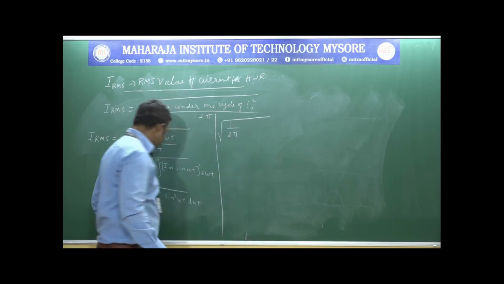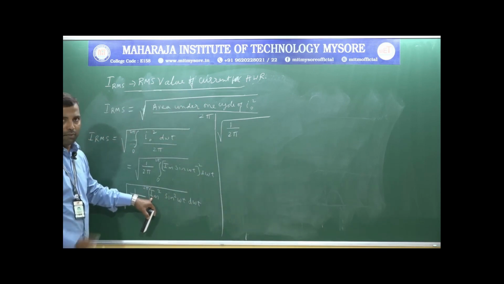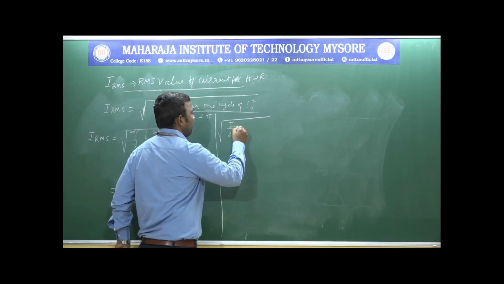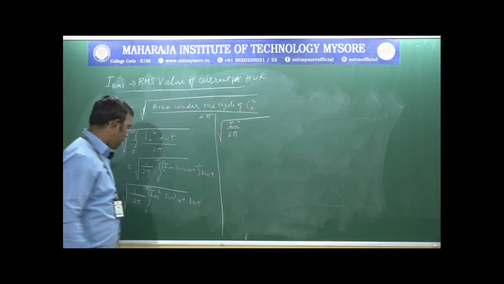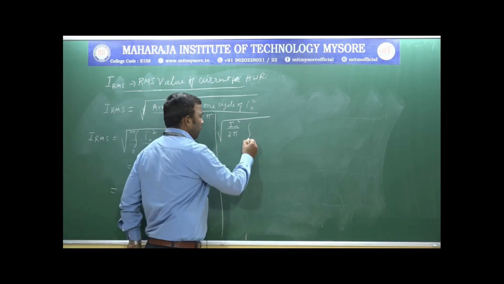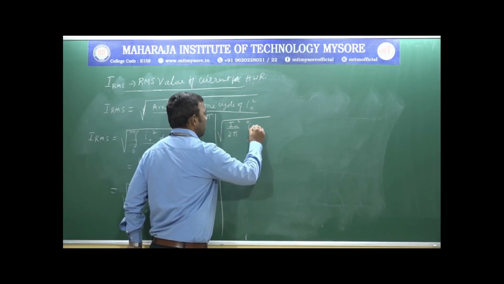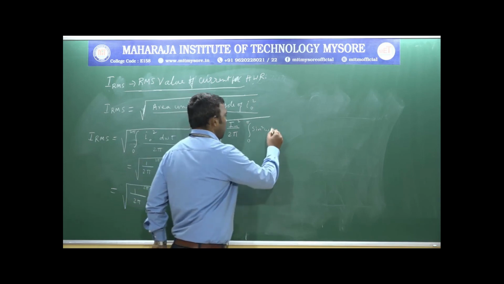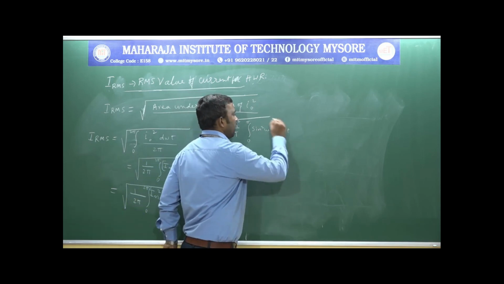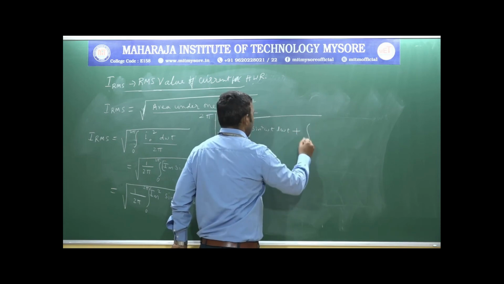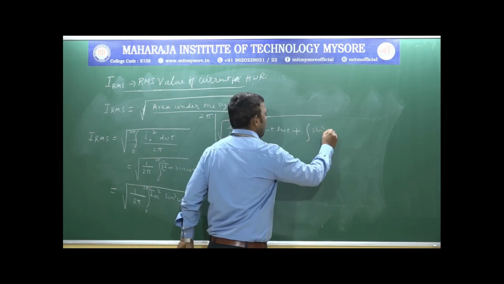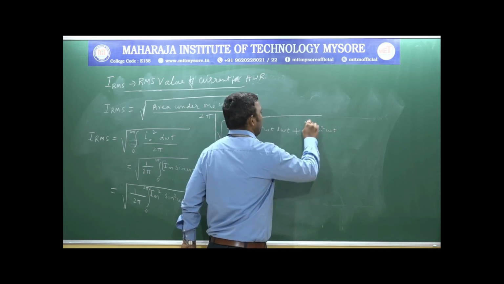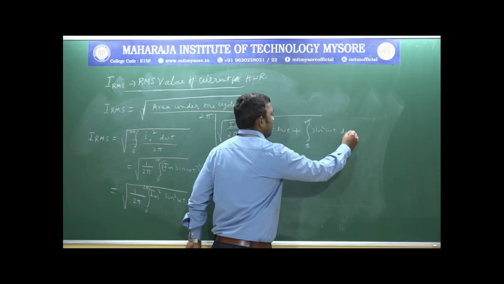Im square is constant, I will take that outside. I can write this as Im square by 2 pi, and the integration from 0 to pi of sin square omega t d omega t plus the integration of sin square omega t from pi to 2 pi d omega t.